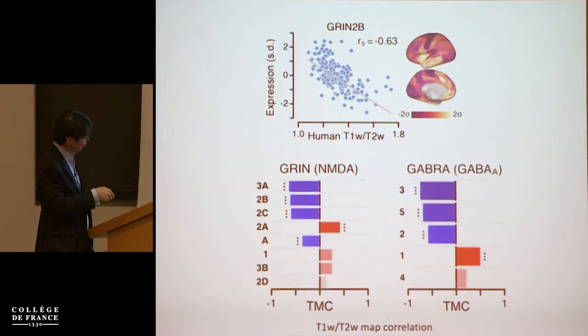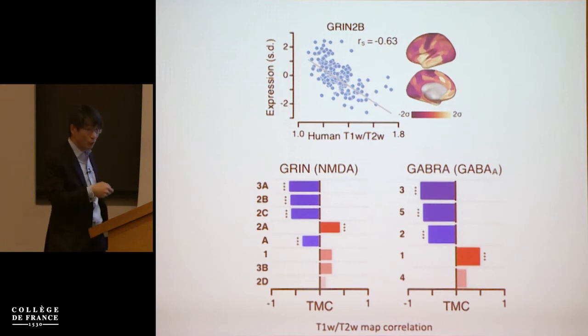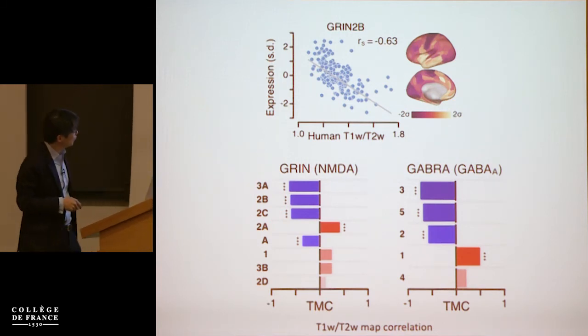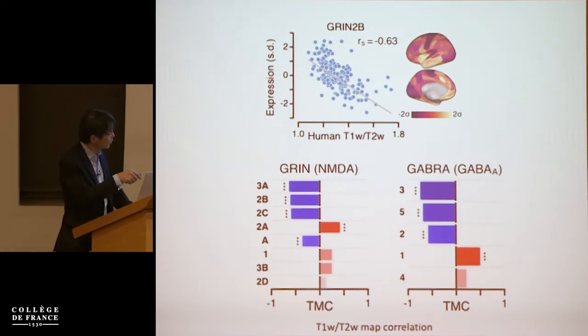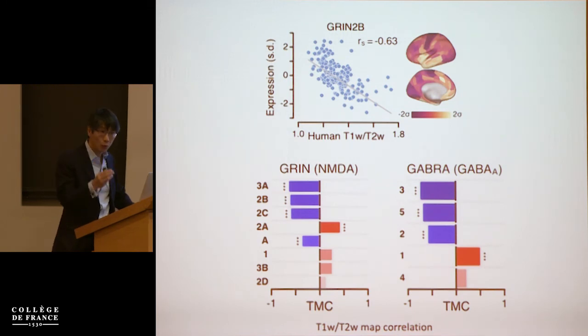This is what's shown here: the correlation for each of the genes that are coding different subunits of NMDA receptors, as well as GABA receptors. So just to show that indeed, for those markers that are important for excitation on the left and inhibition on the right, you have these systematic changes, right, at the macroscopic level.